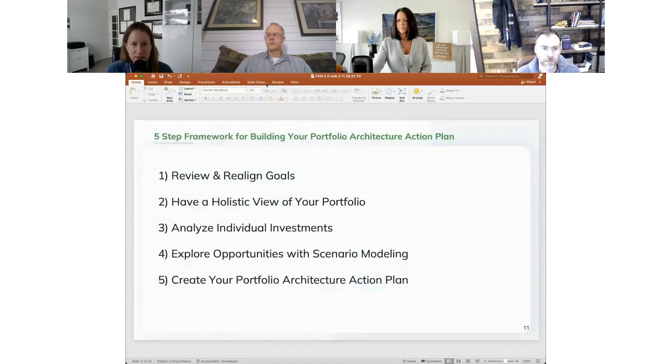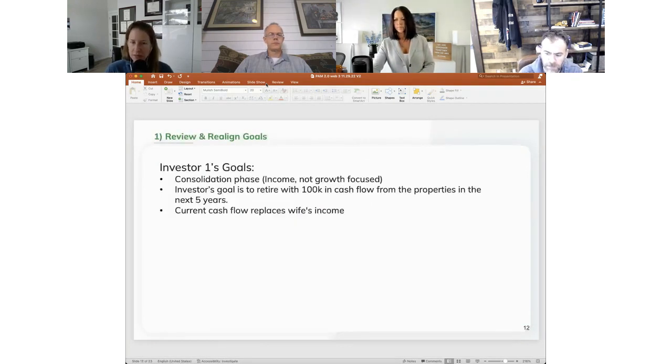And again, this is our 5-step framework that we've been discussing over the last couple of weeks. And so we will take it one step at a time. So our first investor's goals is he's actually in the cash flow phase or the consolidation phase. So he's income focused and not growth focused. He is aiming to retire.